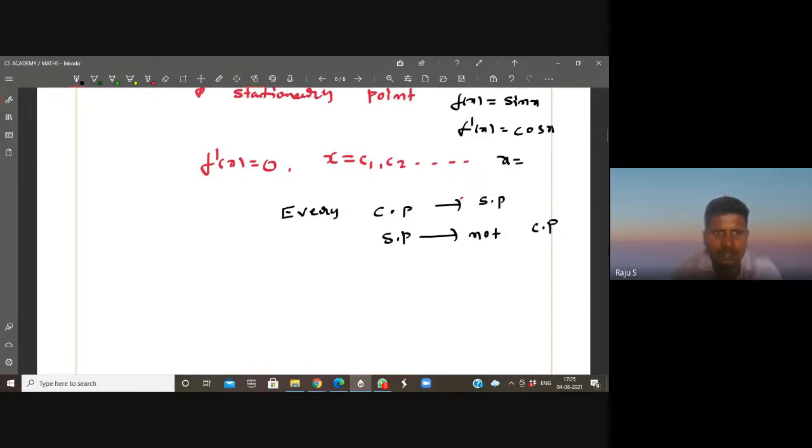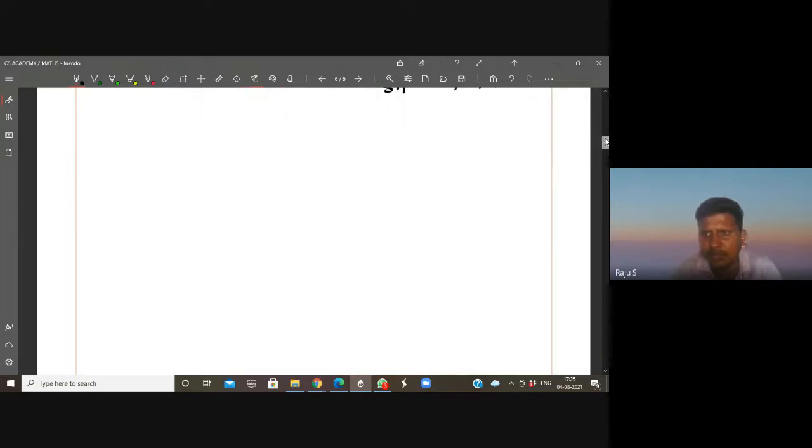So coming to minima and maxima concept. We know the method you can use to approach minima and maxima. First, what shall we do? F dash of x equating to 0, we are going to get the critical points, stationary points.